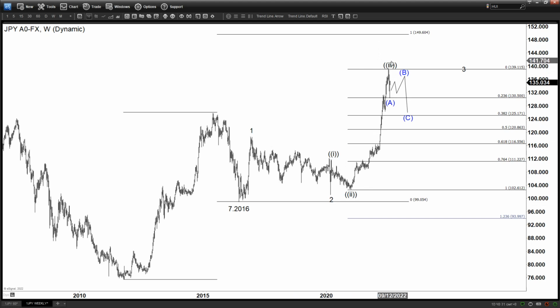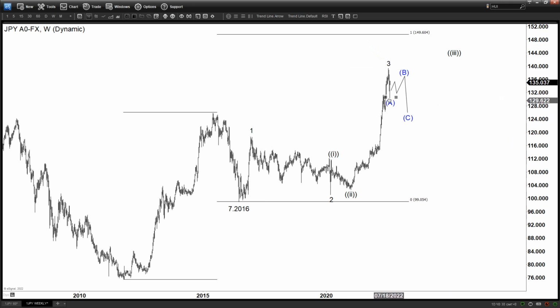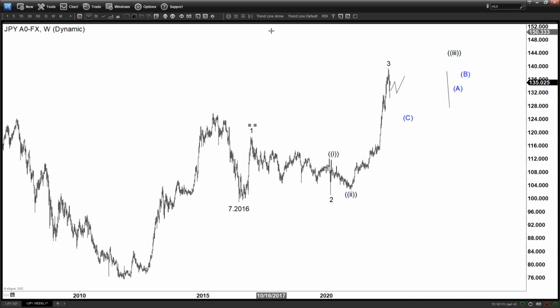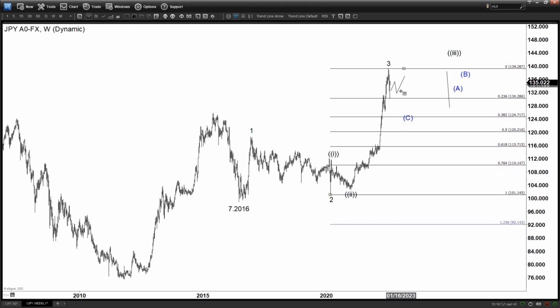But if we end 3, now that means if you want to know how shallow or how big the wave 4 is going to be, then we can use retracement from July 2016, from here, from wave 2 here. This too also hit the 23.6.